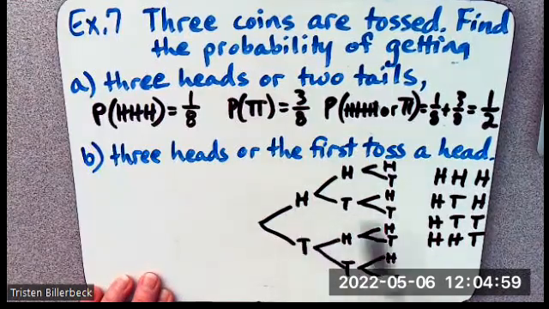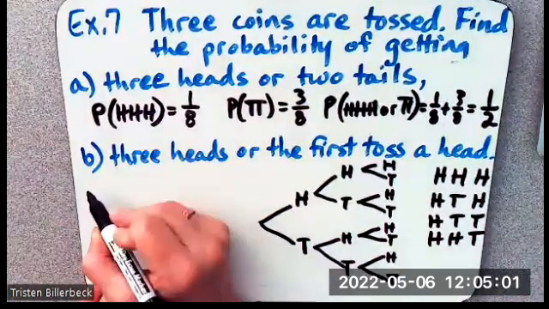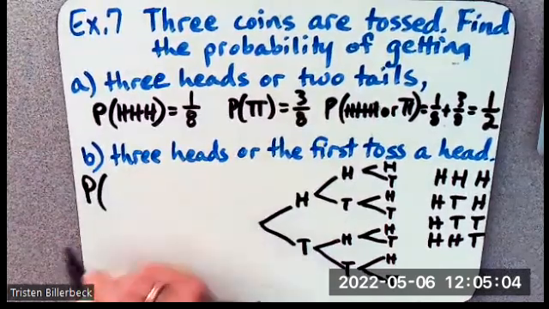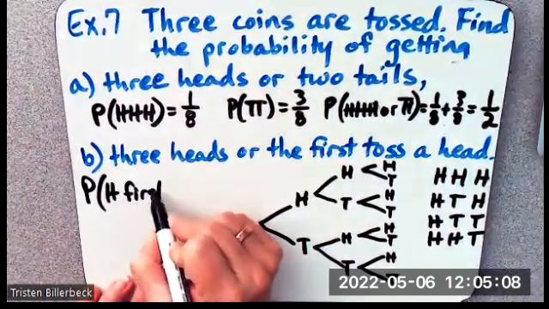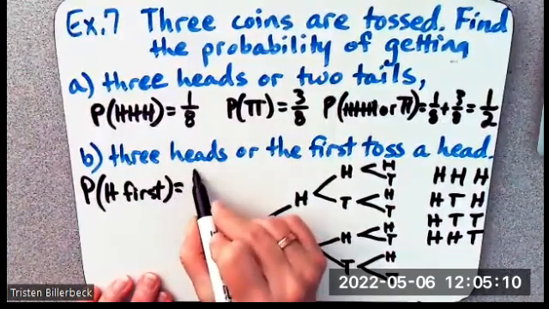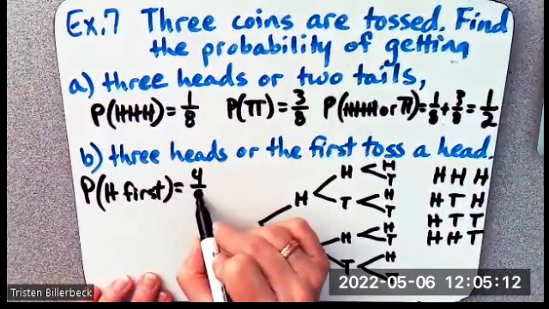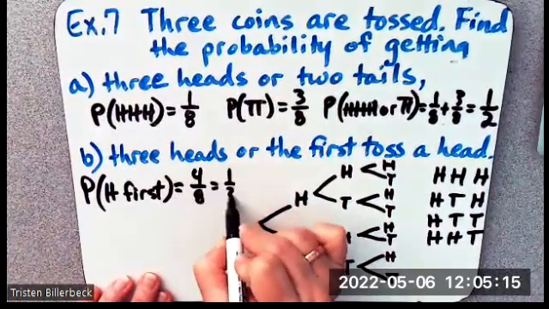So they all start with head. So there's 4 of those. So the probability of head first equals 4/8, which is 1/2.